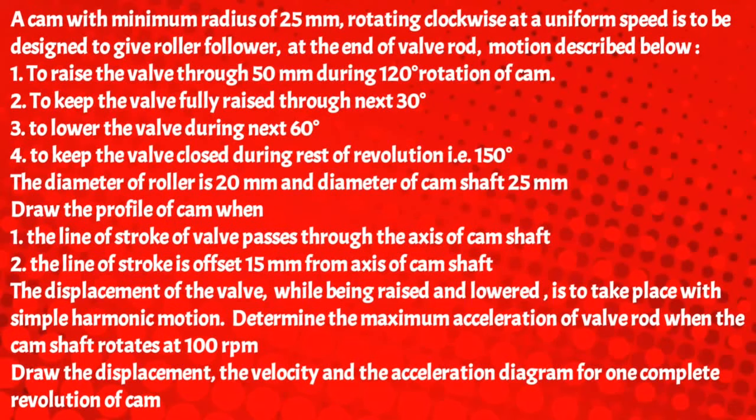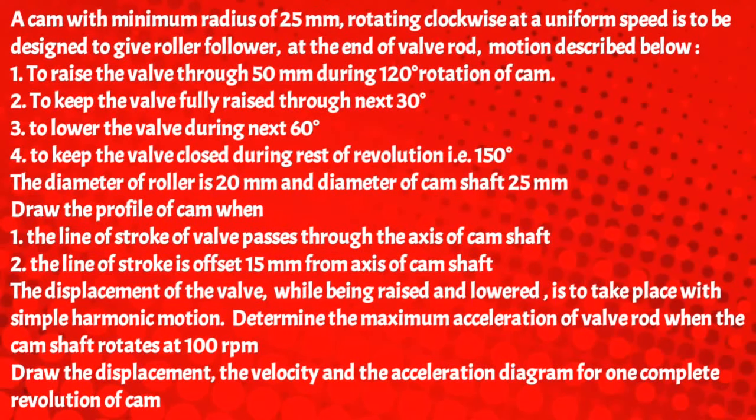The diameter of the roller is 20 mm and the diameter of the camshaft is 25 mm. Draw the profile of the cam when the line of stroke of the wall passes through the axis of the camshaft. Second, the line of stroke is offset 15 mm from the axis of the camshaft.